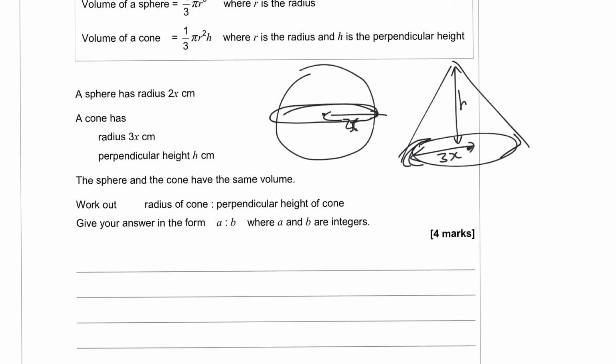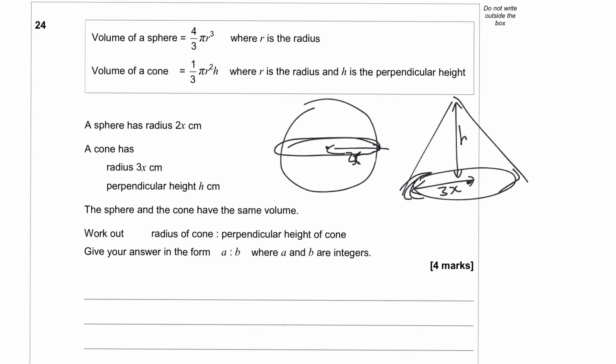It wants us to work out a ratio of the radius of the cone to the perpendicular height of the cone. So if we know that the sphere and the cone have the same volume, we can work out the volume of the sphere, because we know that the volume of the sphere equation is 4 over 3 times pi times r cubed. So we know what the r is, it's 2x, so it will be 4 over 3 times pi times 2x cubed, which would be 4 over 3 pi times 8x cubed.